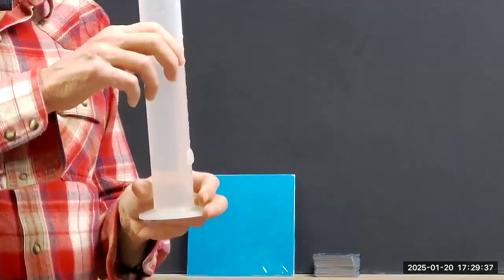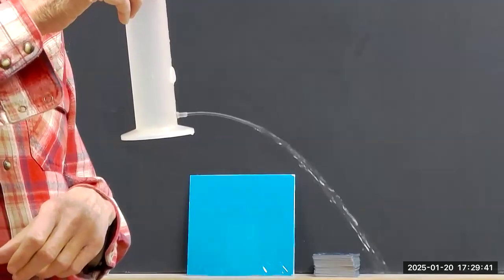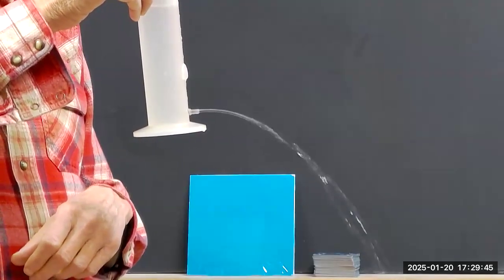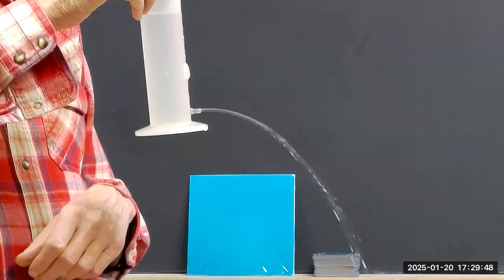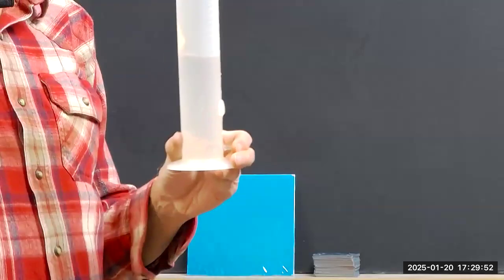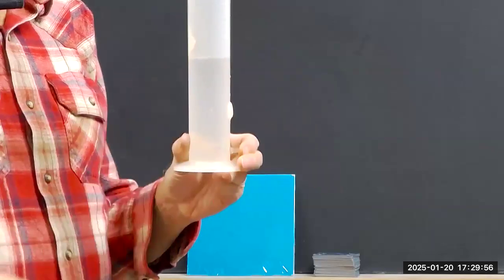Well, I take my finger off the tube and sure enough, water flows out. And you can see pretty quickly that it's flowing down more slowly because it's dropping at a constant rate. And it's not going as far.